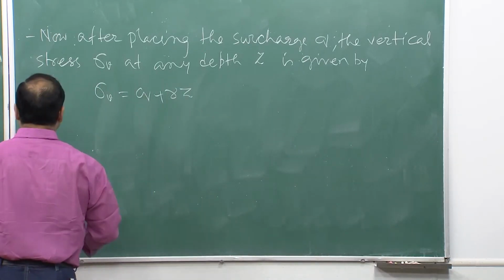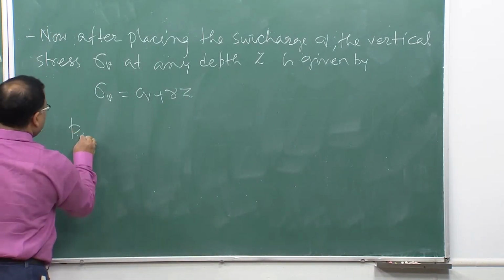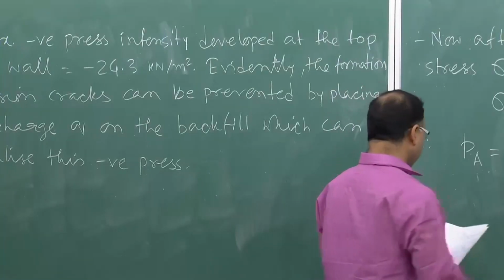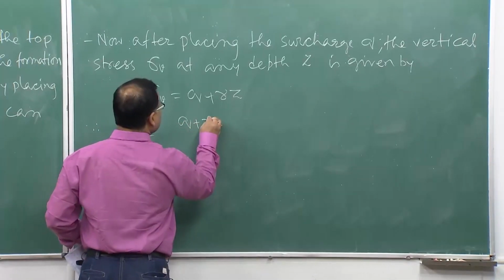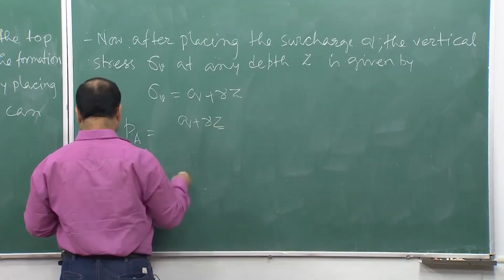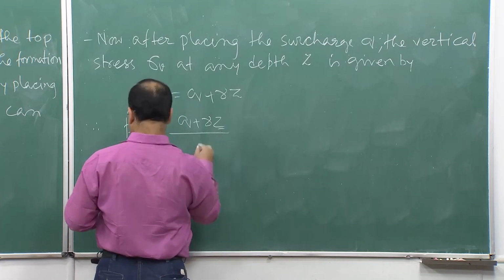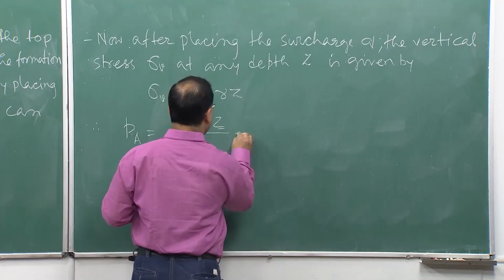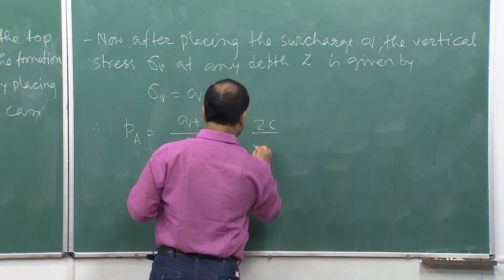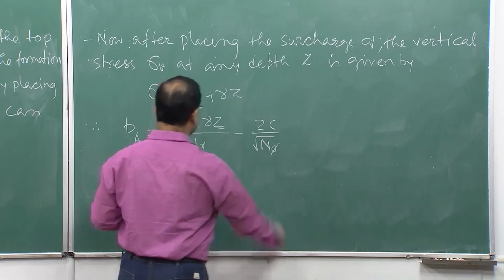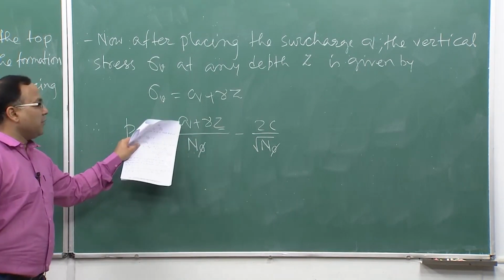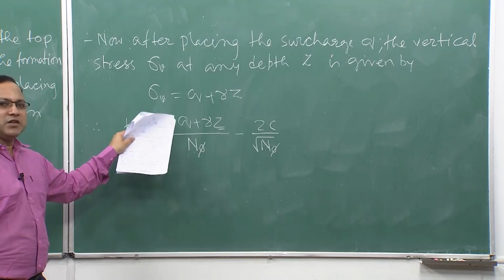So, therefore, the active earth pressure at point A, that is at the top of the wall, is nothing but (Q plus gamma Z) by N phi minus 2 c root over N phi. Am I right? So, instead of gamma Z, now you are having Q, this term is coming as additional term.